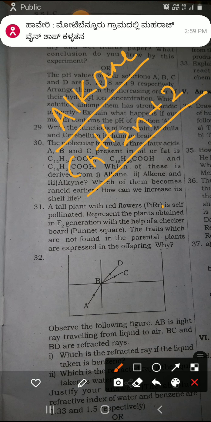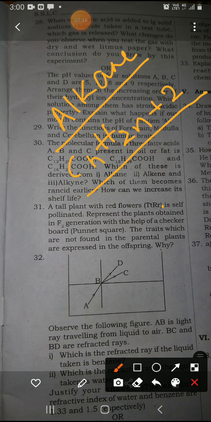We need to know which is derived from the alkane, alkene, and alkyne. For example, the first one: suppose the C value is 12, so it becomes C12 H 2 into 12 plus 2, that is 24 plus 2, so C12H26.